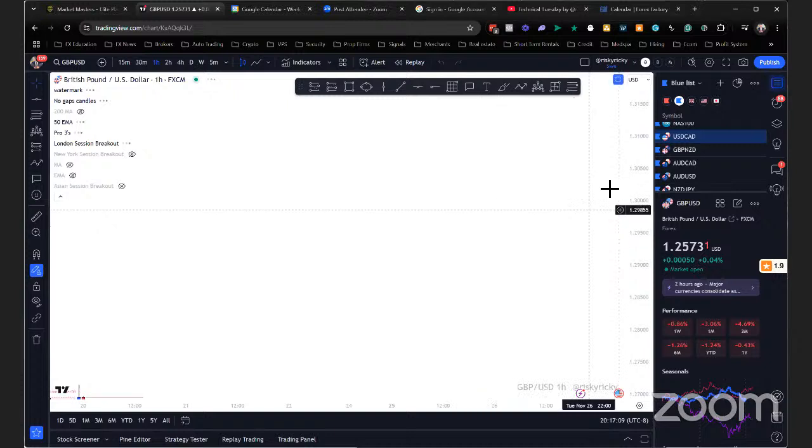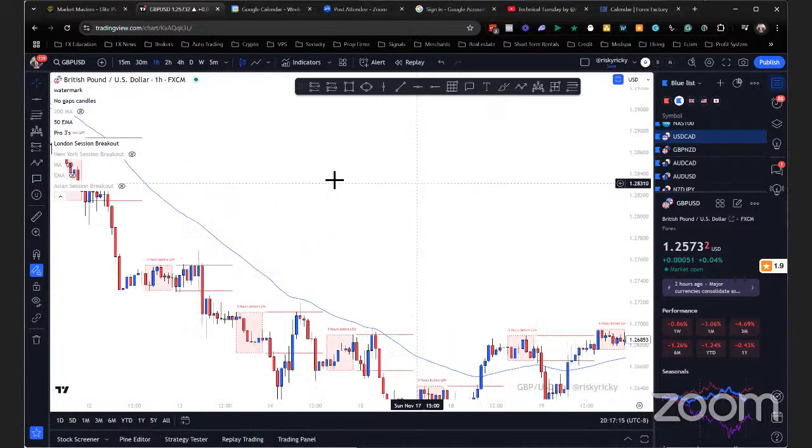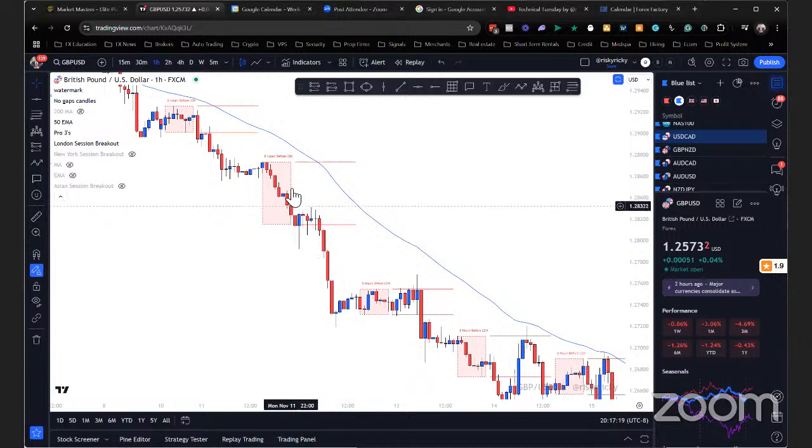Okay, so basically this is a London session breakout. What happens is before the London session, there are going to be 8 candles that this marks off, which is mainly going to be that Asian session range. We have the highs and the lows of that range, which is what this low line down here and this high line up there represent.